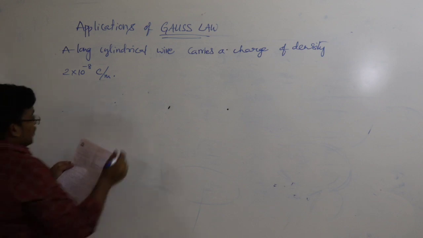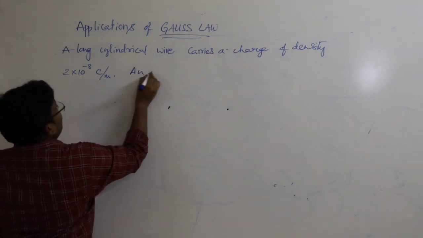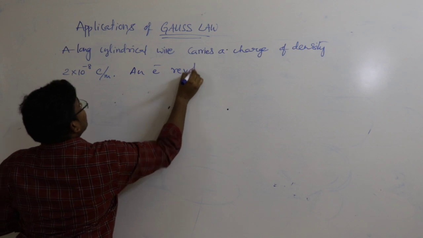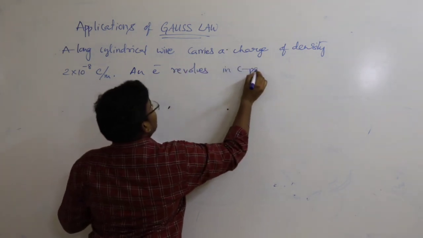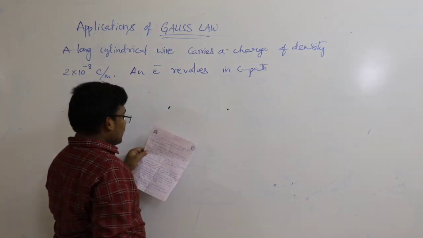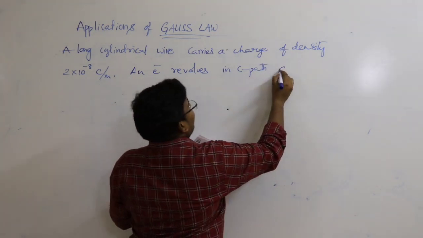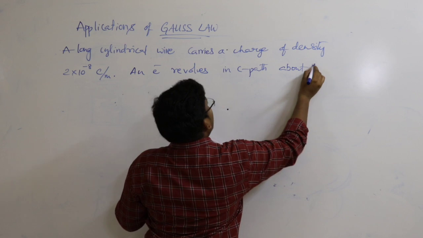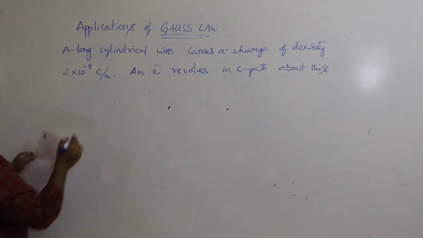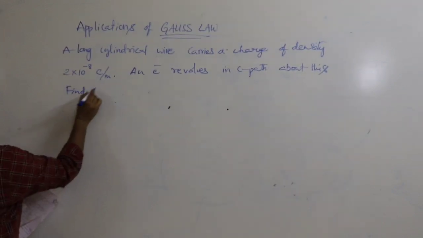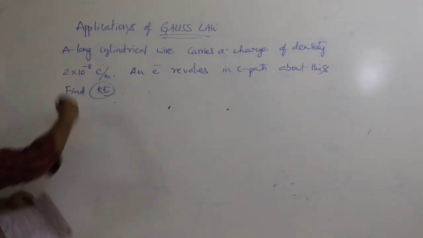Now an electron revolves in a circular path about this cylinder. Now they are asking to find its kinetic energy.